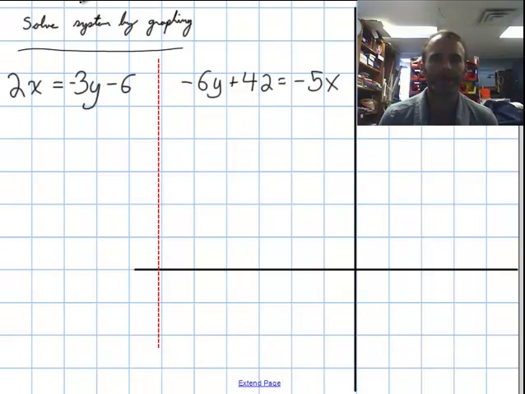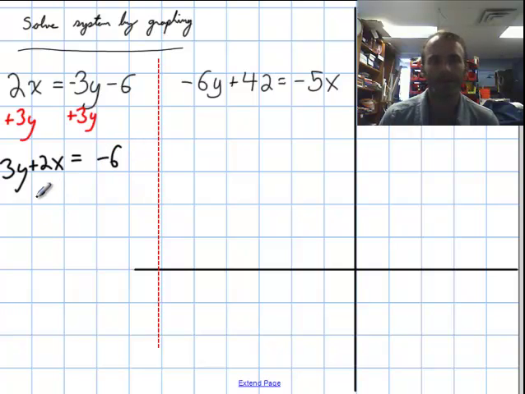So let's do this one with scaffolding, and we'll do this one without scaffolding, meaning I'm going to write in all my steps here. So I want to get y on the left hand side, so I'm going to add 3y to both sides. That brings me to 3y plus 2x is equal to negative 6.